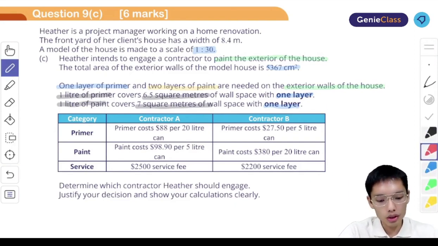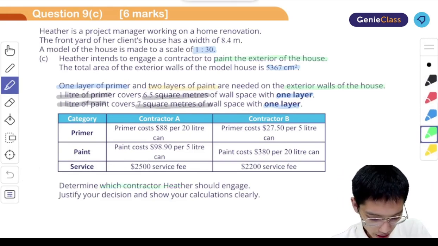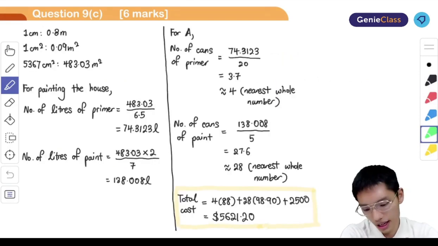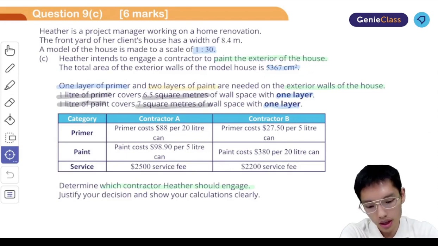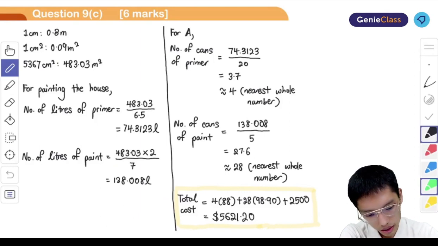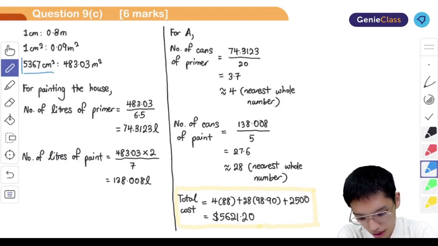Determine which contractor they should engage means we want the lower price. So that's where we have to calculate. A lot of calculations. So first, let's convert. We know 5367 is the model house. So with this ratio, we have to convert to the model house first, which we get this one.